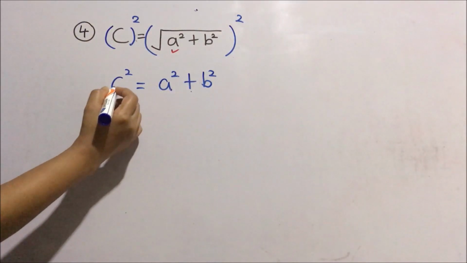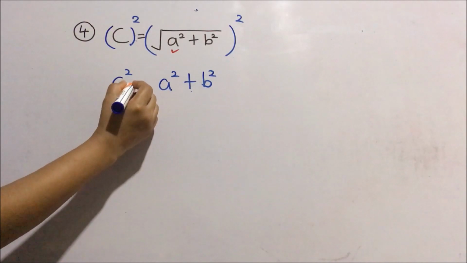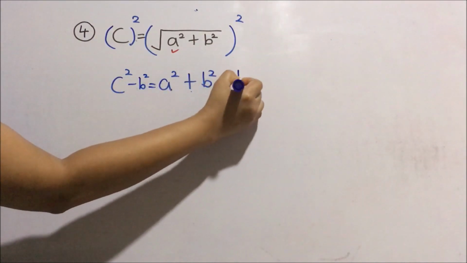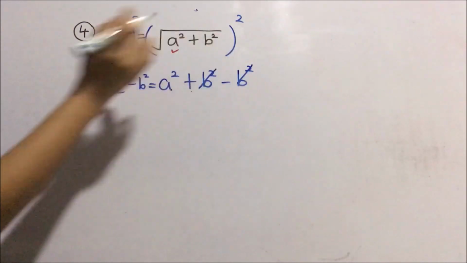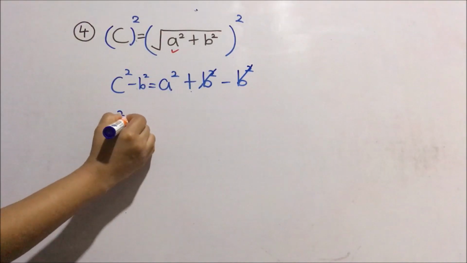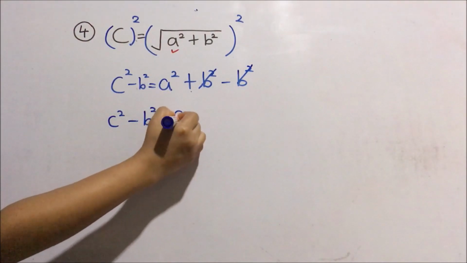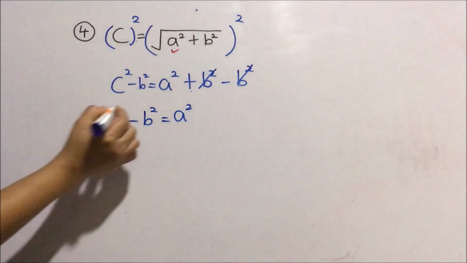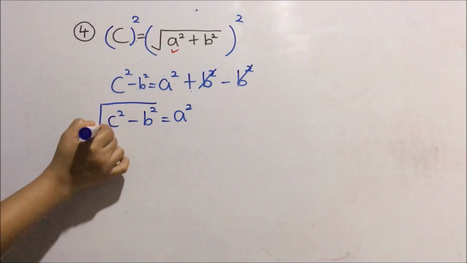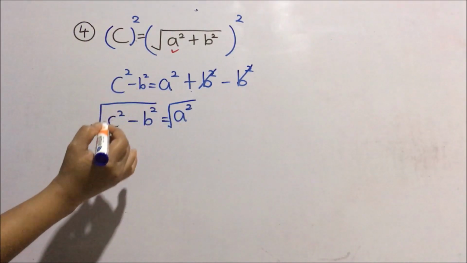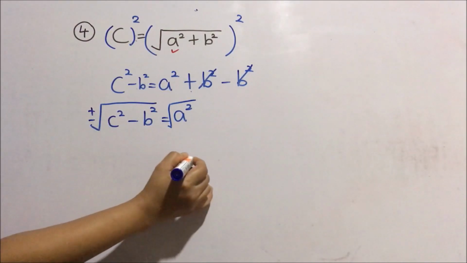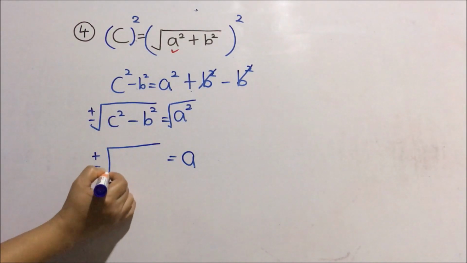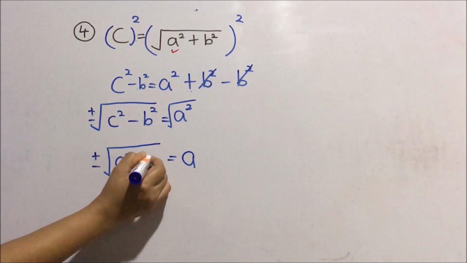Therefore we subtract b squared from both sides. b squared minus b squared cancel. Then c squared minus b squared equals a squared. We just need a, therefore we take the square root of both sides, plus or minus. Then a equals plus or minus the square root of c squared minus b squared.